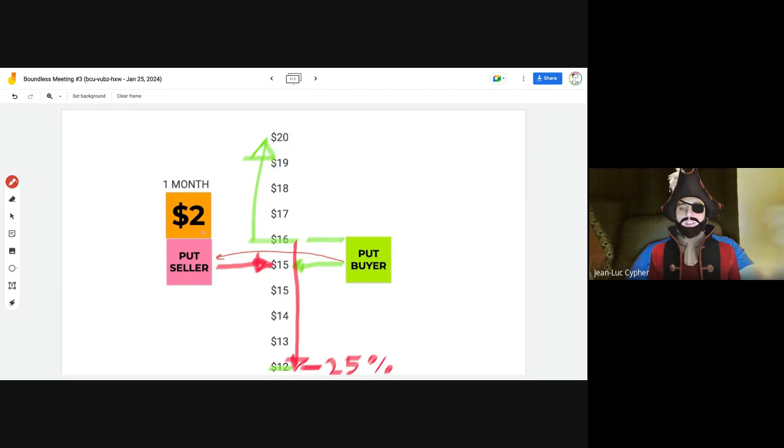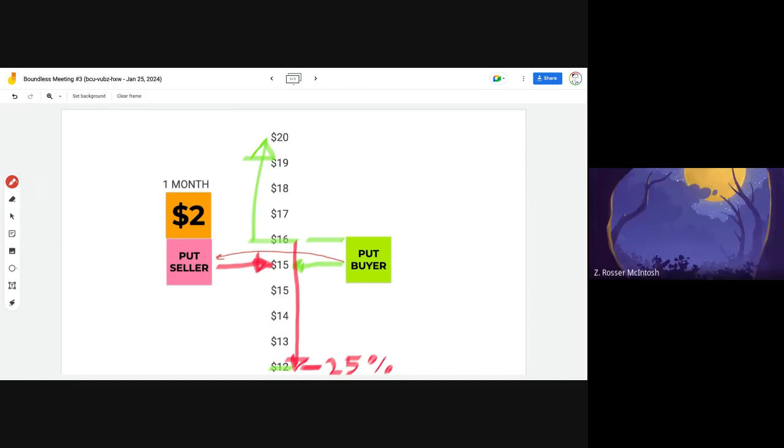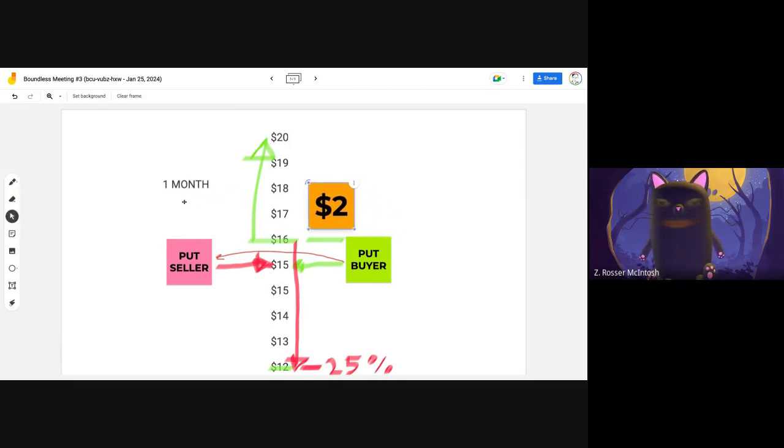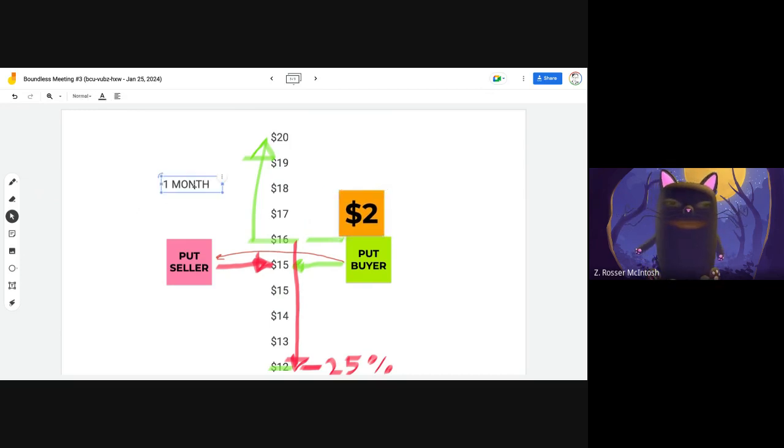So if the price drops, you're going to make a profit because they have to sell to you at the value that you bought the put at. Well, no, they have to buy it from me. So in this case, if the stock goes down to 12, and this contract is still open, and we're within this month, that's also important.